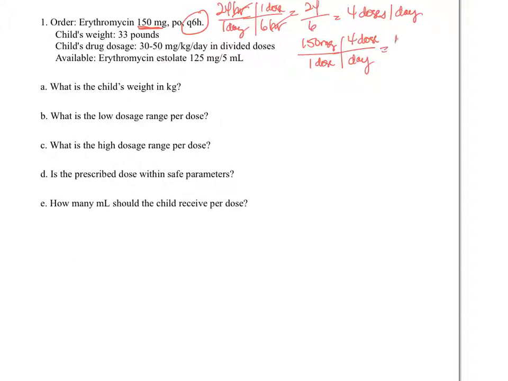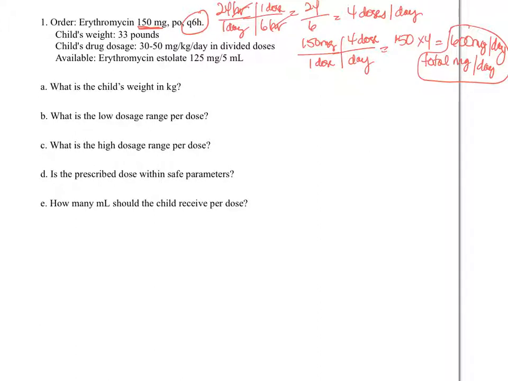So we take 150 times 4, which equals 600 milligrams per day. And that's the total milligrams per day. It's not based on weight yet. That's just the total milligrams per day.